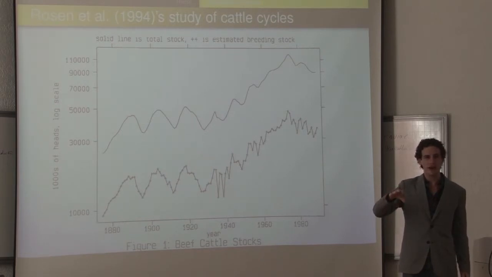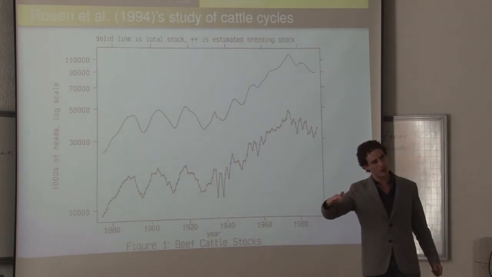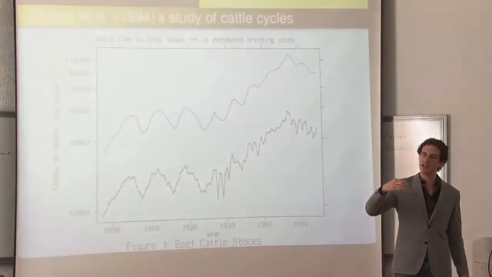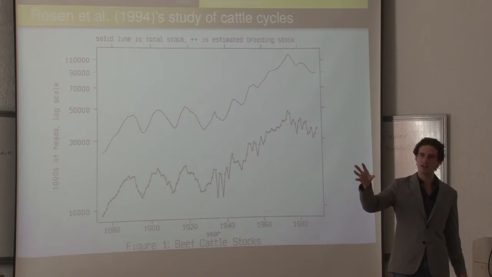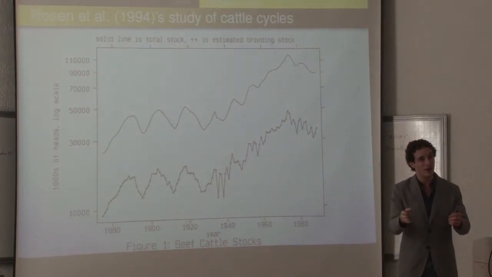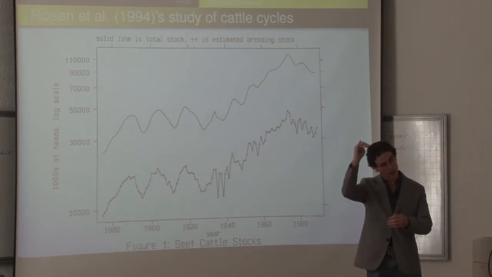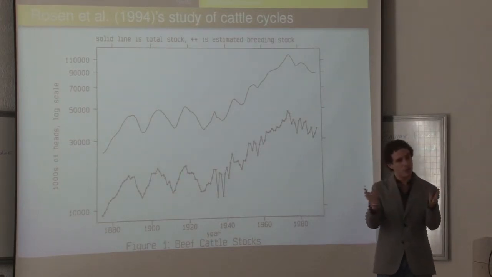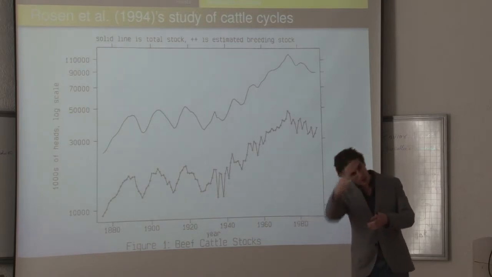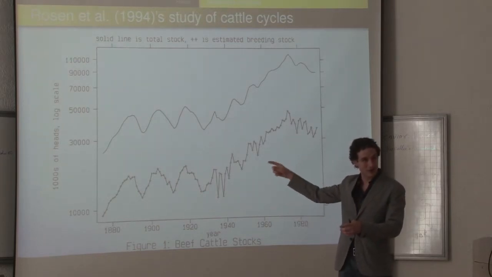But if I kill some cattle, that means that there aren't as many cattle to breed, which means that for years afterwards, there will be a reduction in the supply of cattle. Or even worse, imagine that I think that there's a big increase in the demand for cattle right now. I might actually kill less cattle, causing the prices to rise even more this year, so that I have more to breed, so that next year I can kill more cattle, but then that'll ripple through the system for years afterwards.